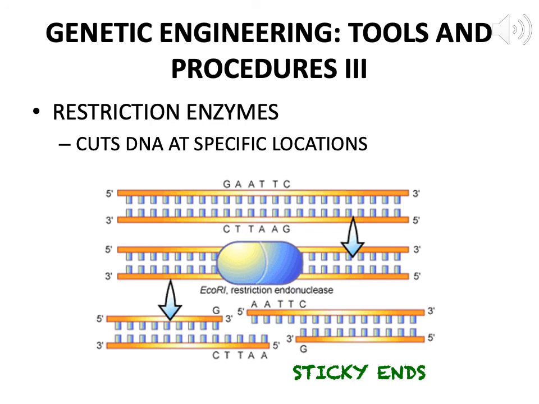It's kind of a zigzaggy cut. And a zigzaggy cut results in the formation of what are commonly referred to as sticky ends. And those sticky ends give us the capability of being able to splice these molecules to other molecules later on. All you have to do is have the same restriction enzyme make the cut. And because those two cuts are identical, it's going to be very easy to splice one end to another end because all of those little A's, C's, T's, and G's are going to match up perfectly.